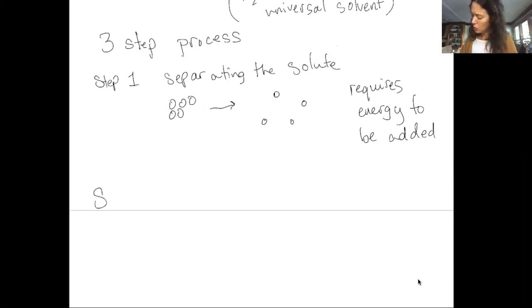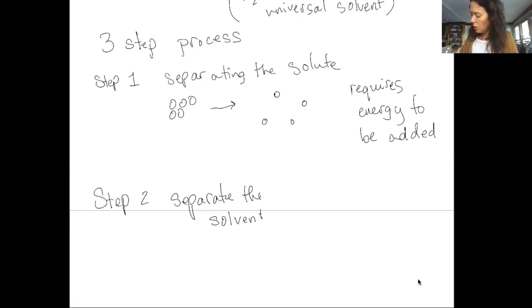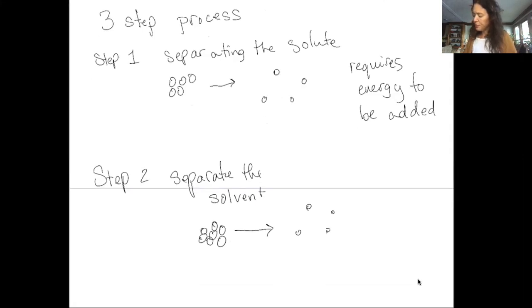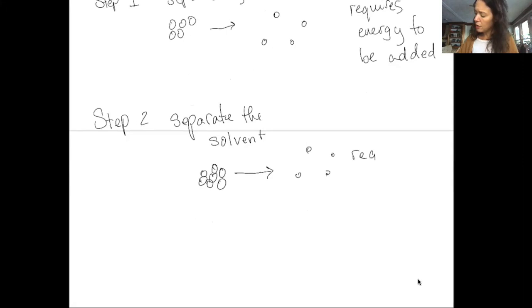Step 2 is we need to separate the solvent. Sorry, the solvent. We just separated the solute. We need our solvent also to separate, right? This also requires energy to be added.